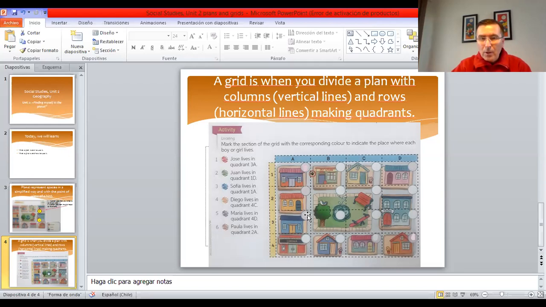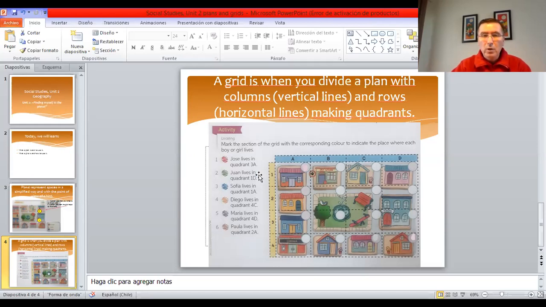So here you can write a number, or maybe you can use the color. Both things are correct. Some students, maybe, would like to write the number, and some other students would like to color with that color assigned for Jose, which is something kind of pinkish or something like that.